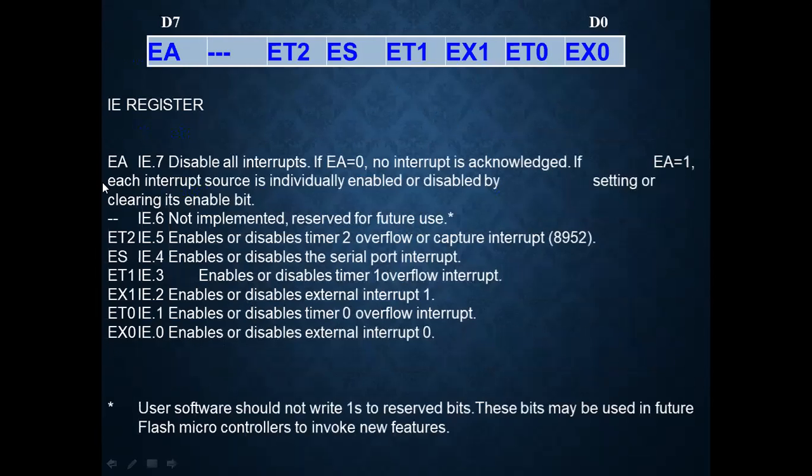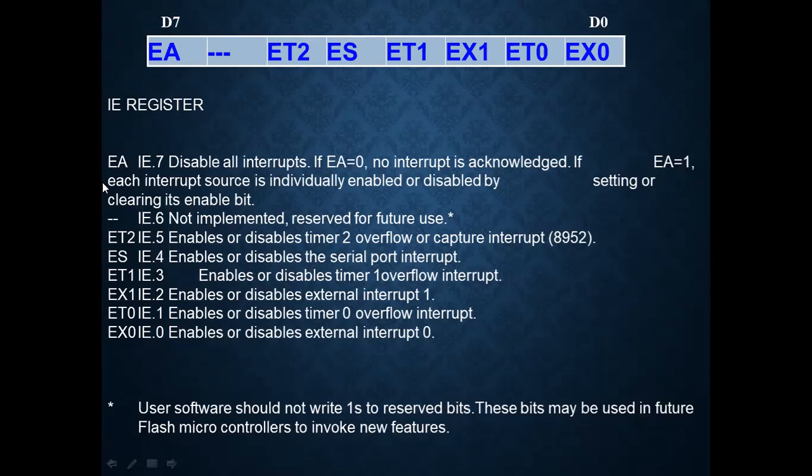The interrupt enable register. As you can see, this is an 8-bit register, and obviously it is not bit addressable. If you remember the architecture of the internal RAM, the 128 bytes of on-chip memory of the 8051 microcontroller, we will clearly find that this IE register is not a bit addressable register.